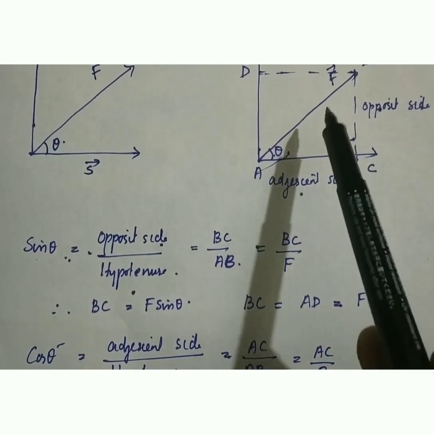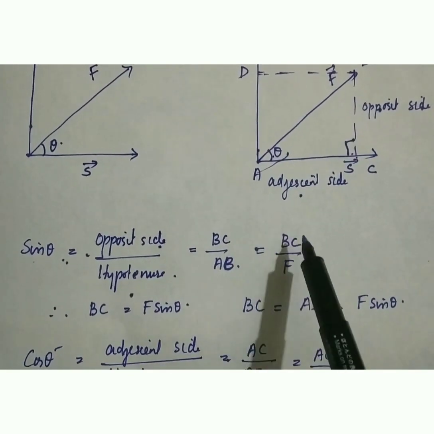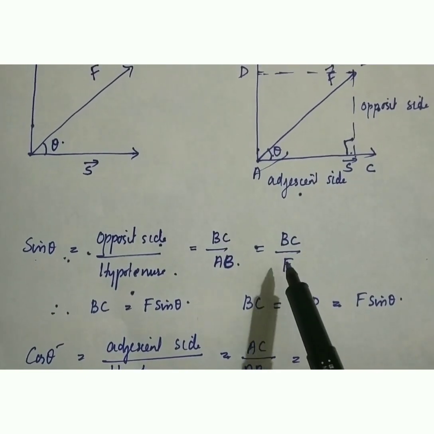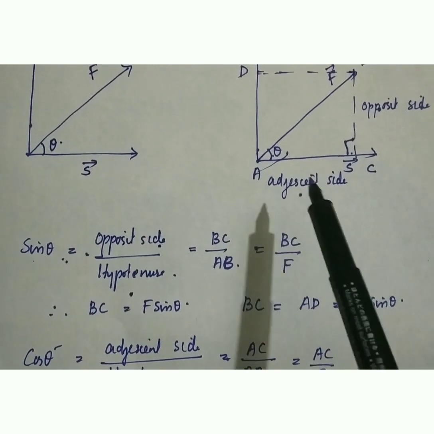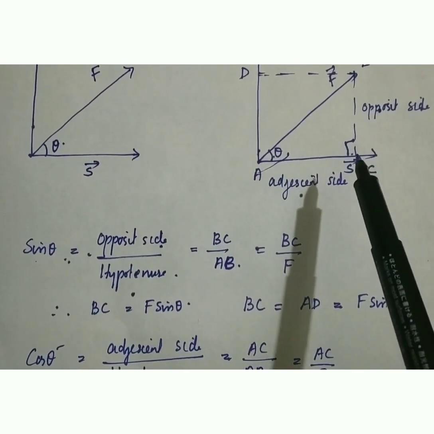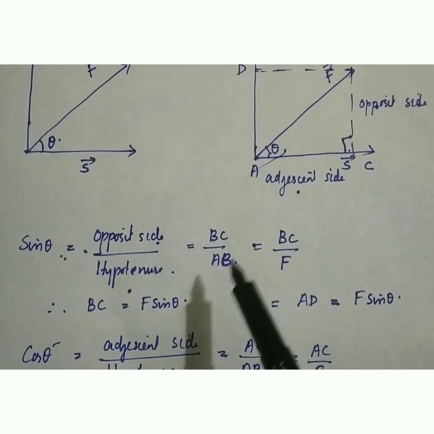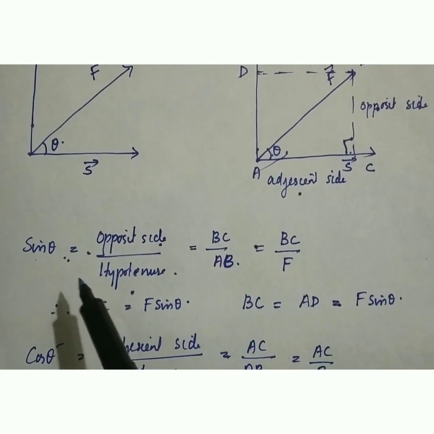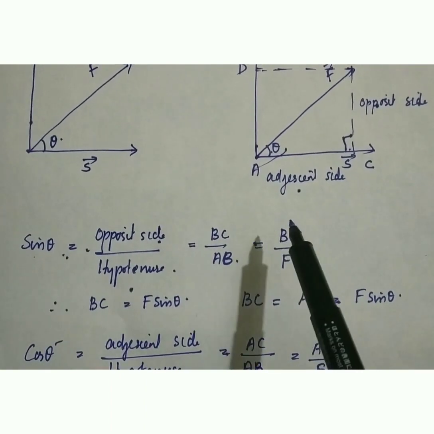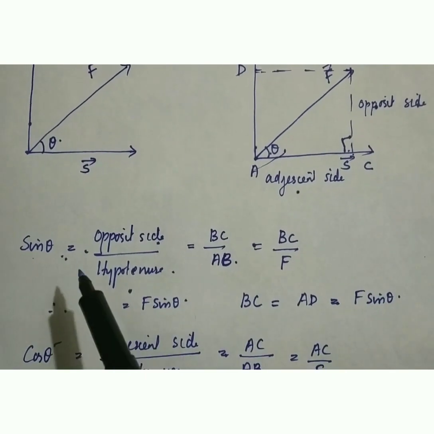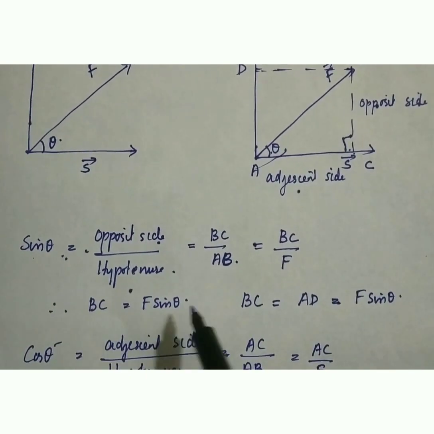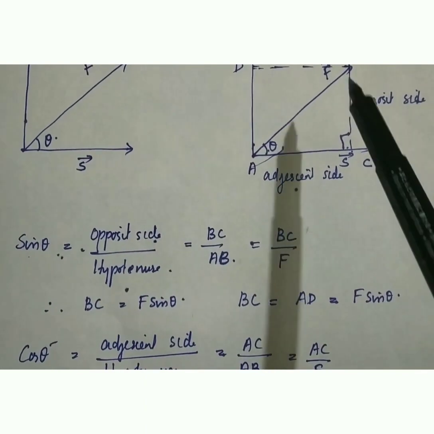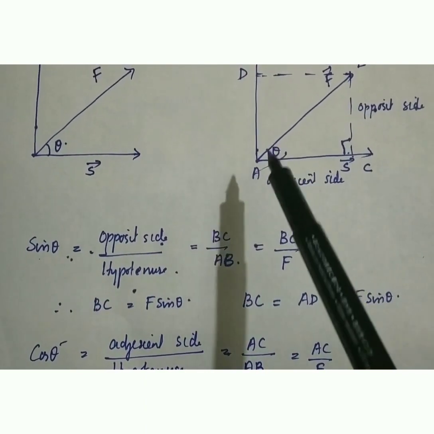So AB is F, and we can write BC by F. Sine theta is equal to BC by F. So we have to find how much is BC. BC is equal to F into sine theta, because sine theta is equal to BC by F. So BC is equal to F into sine theta. This BC is equal to AD.